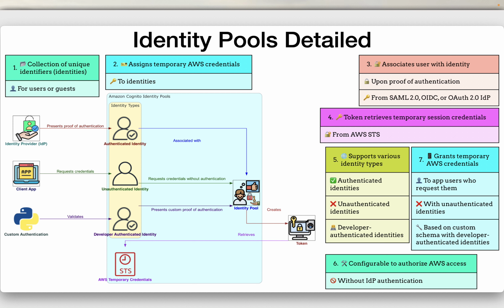Identity pools also accept claims and issue credentials based on your own custom schema with developer authenticated identities. So think of something like an anonymous user but with a short-lived session. So in those cases also your identity pools will work. So basically this is an authorization service, but it can also help in certain use cases such as unauthenticated identities and developer authenticated identities.